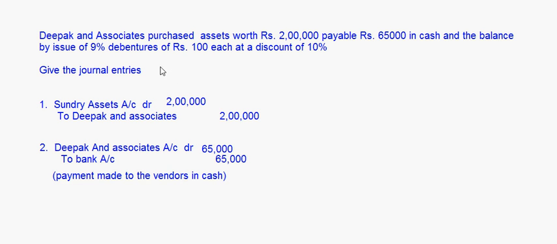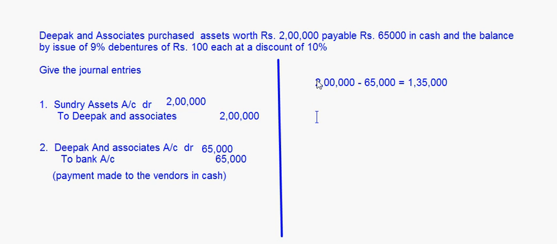Then comes the issue of debentures. Now 2 lakh rupees is the total value of the machinery or sundry assets. Now here, out of this 2 lakh, 65,000 is already paid, right? So what is the remaining amount? The remaining amount is 2 lakh minus 65,000, that is 1,35,000. So they are issuing the debentures for this balance amount, right? Now these debentures are issued at a discount of 10%.